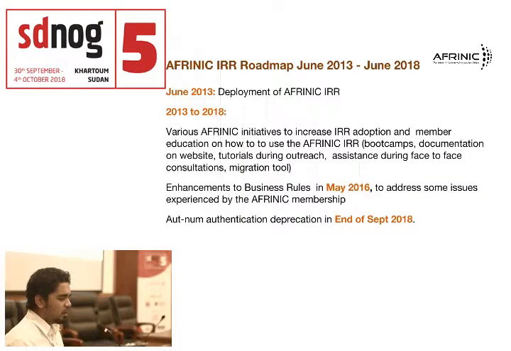So the roadmap of this service: it was launched, like I said, in early 2013. Since then, there have been some changes. We made some tweaks to make it easier for members to use. The latest update was on the 27th of September, where we deprecated the need for any authentication with your ASN.